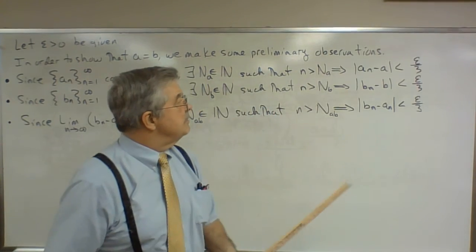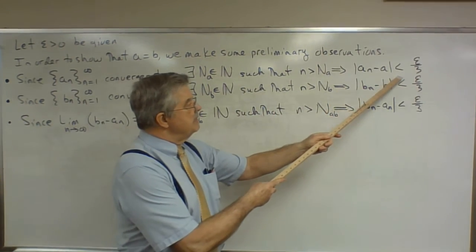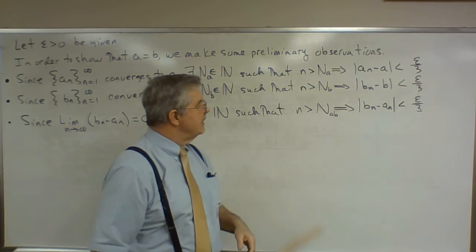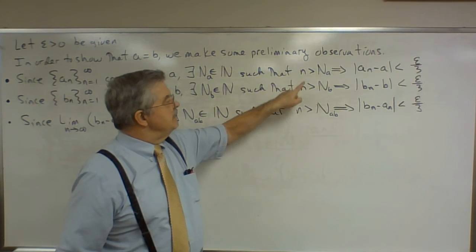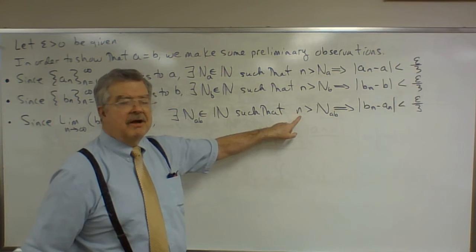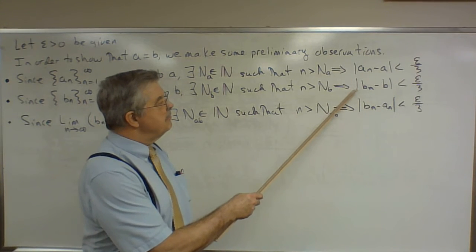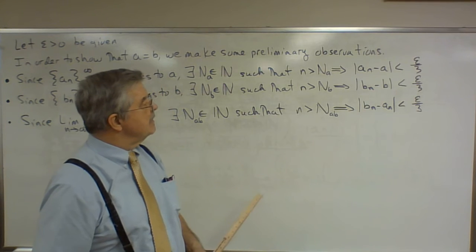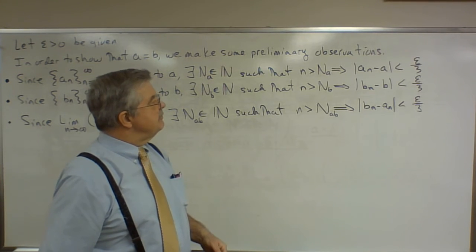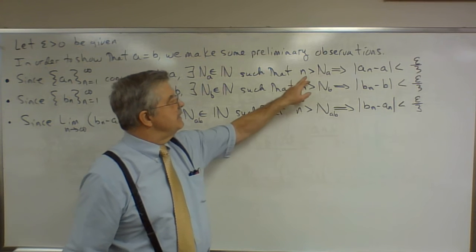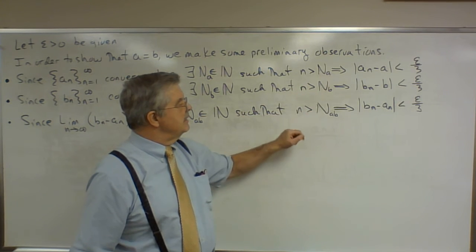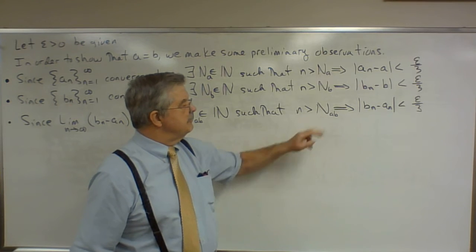Now, I want this to be true, I want this to be true, I want this to be true. So my little n has to be small enough such that all three of these conditions are satisfied, which means essentially that I'm going to have little n greater than this thing, and little n greater than that thing, and little n greater than this thing.